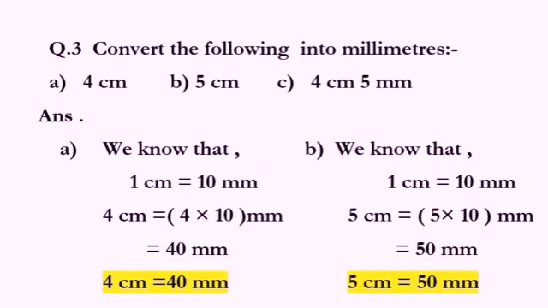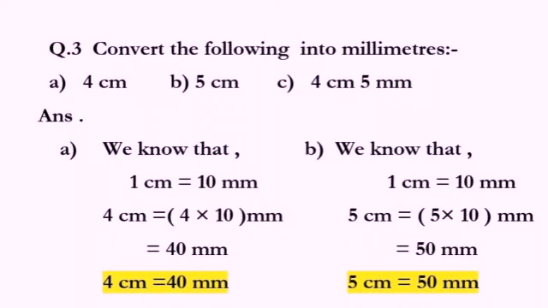So here in this question we need to convert all the units into millimeters. The first question is 4 centimeter. We know that 1 centimeter equals 10 millimeter, because millimeter comes after centimeter. As millimeter is a smaller unit than centimeter, we need to multiply it by 10.